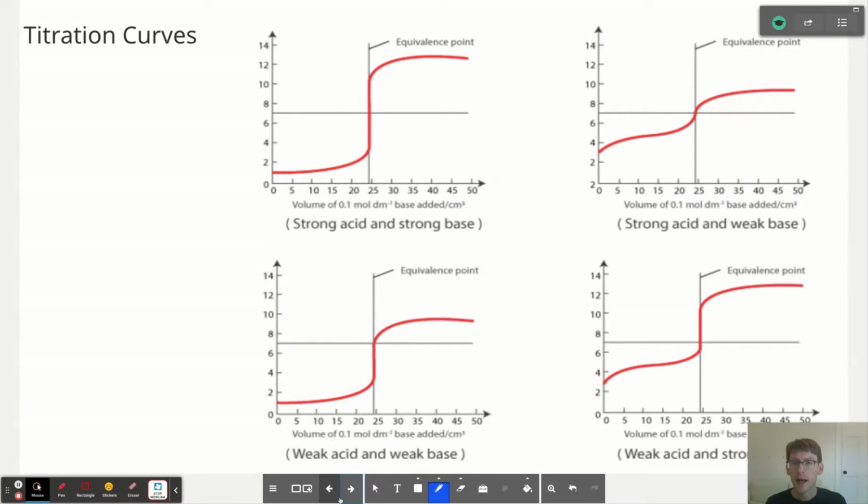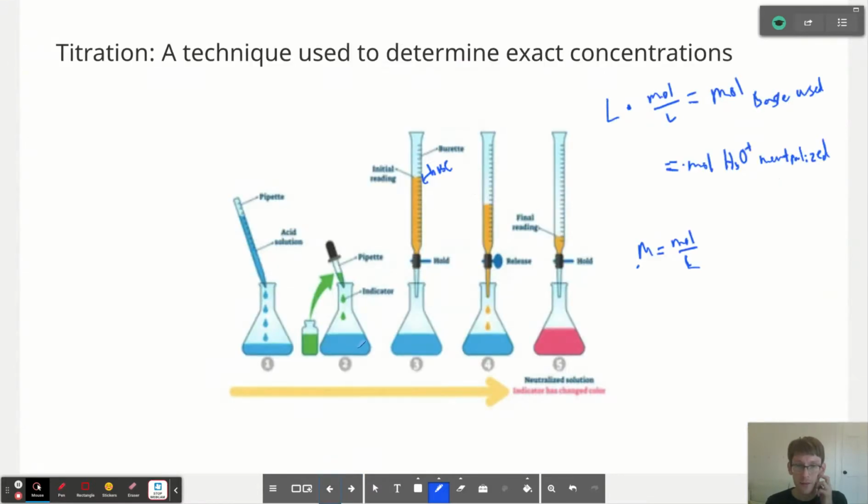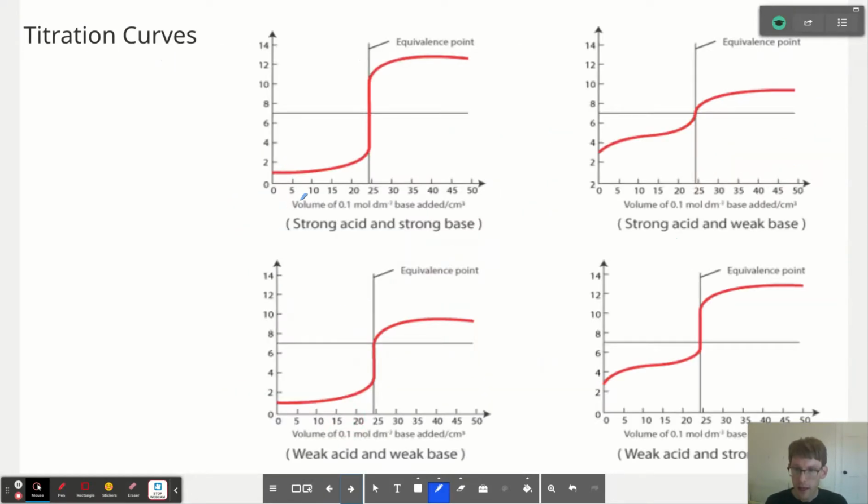But how do we tell what is the indicator that we should use? Well, in this case, let's say that we have a weak acid and we're using a strong base, okay? So weak acid, strong base. If we have a weak acid initially, after 0 milliliters of base has been added, we might have a pH of around 1.